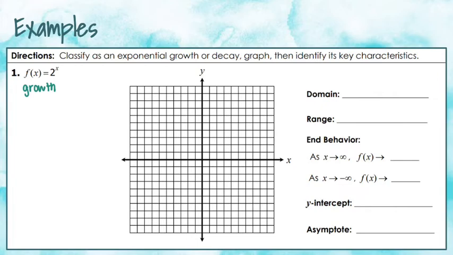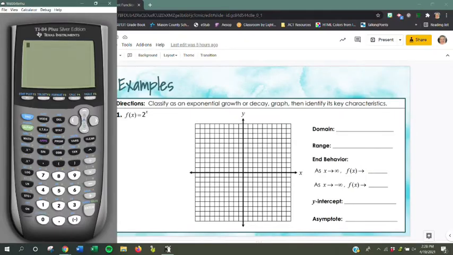Now I want us to go to our calculator and graph this and use the table to draw an accurate graph on here. So I'm going to show you this example on a TI-84, and then I'll show you the next example on Desmos. On our TI-84, we're going to go to the button that says y equals.